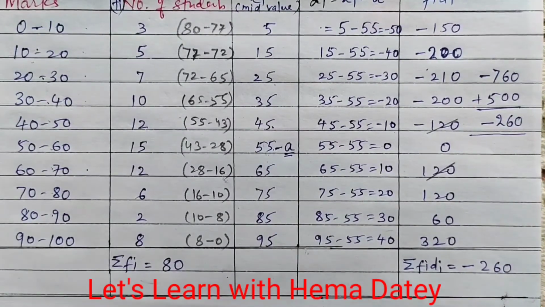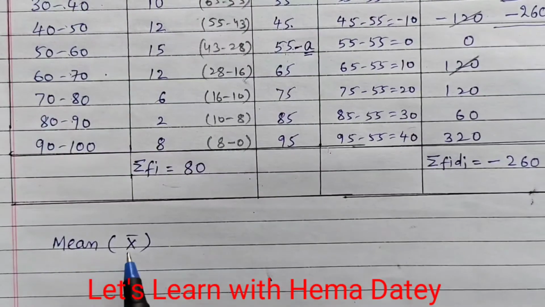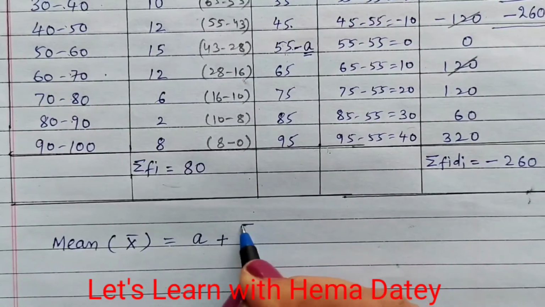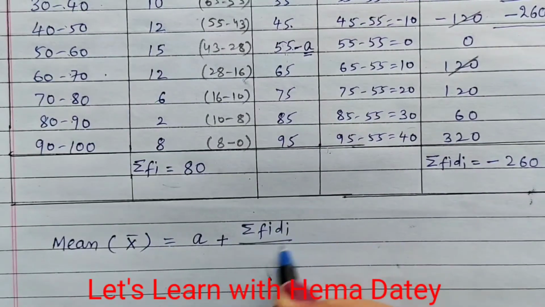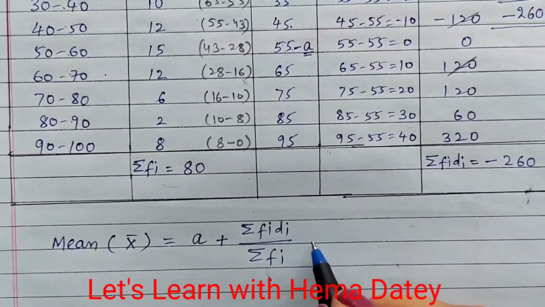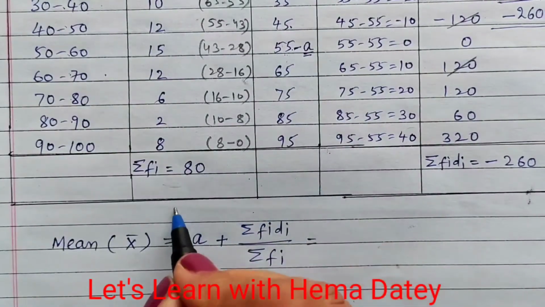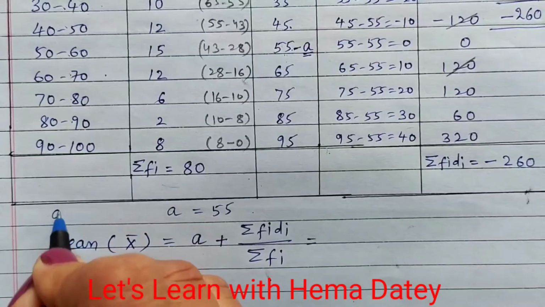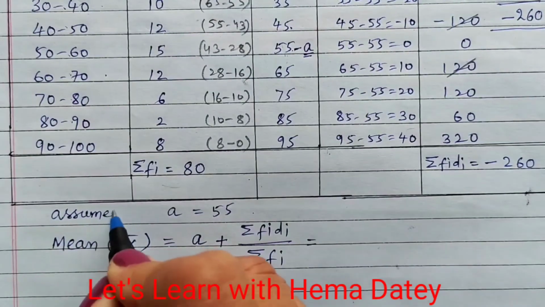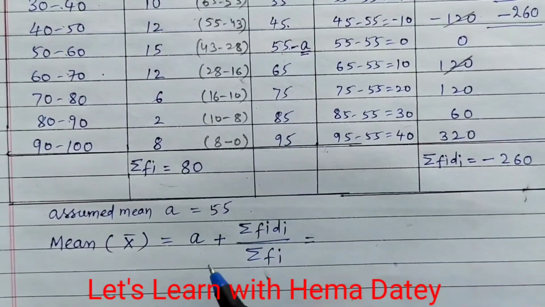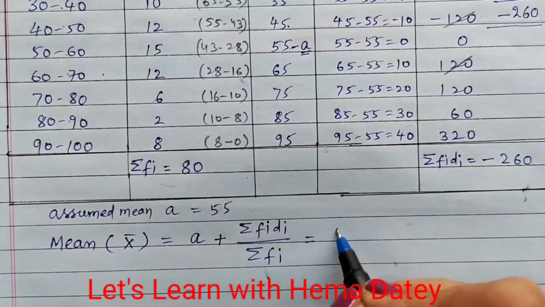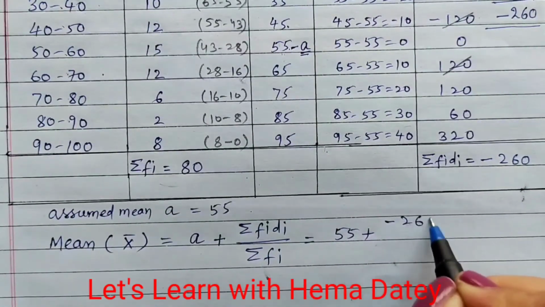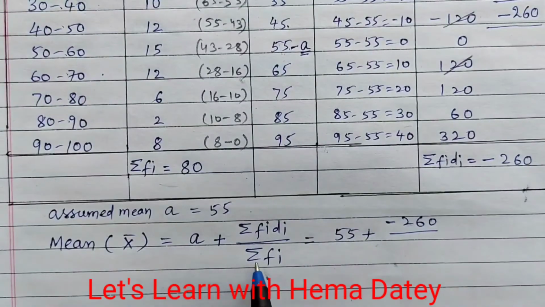Now we'll use the formula. Mean x bar equals a, the assumed mean, plus summation fi di upon summation fi. So here the assumed mean a was 55. Now we write 55 plus summation fi di, which is minus 260, upon summation fi, which is 80.